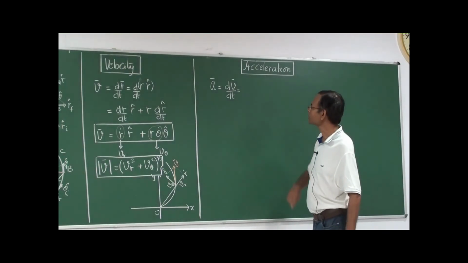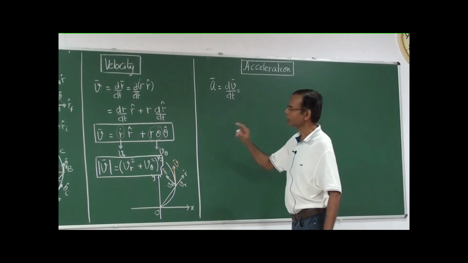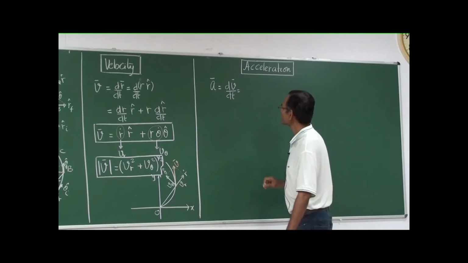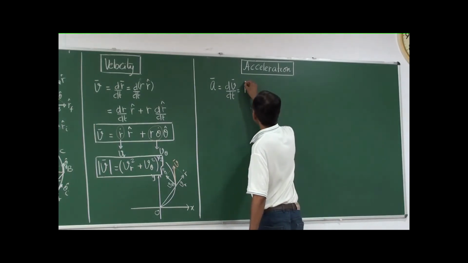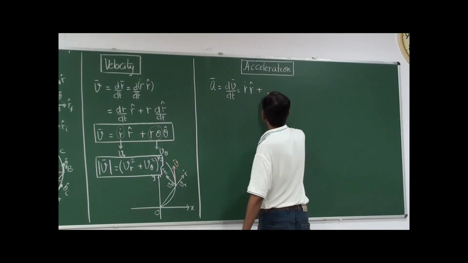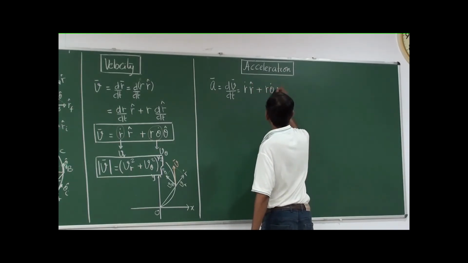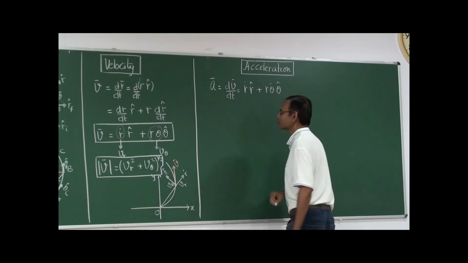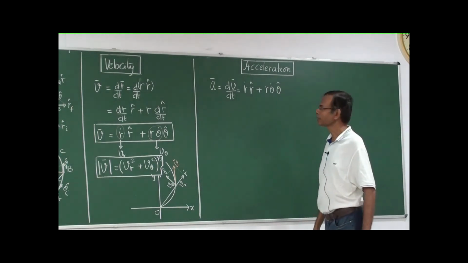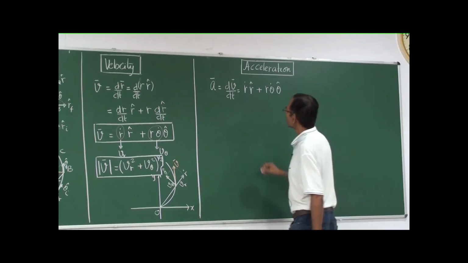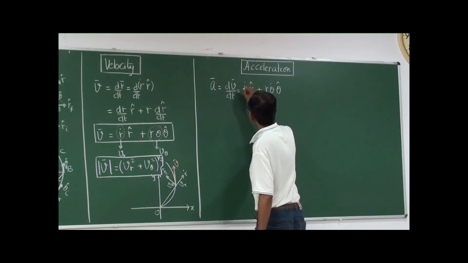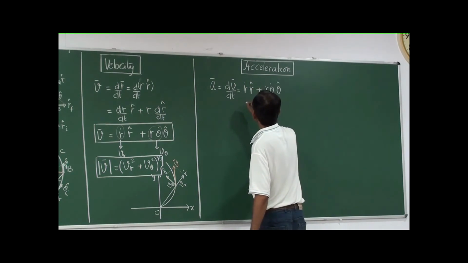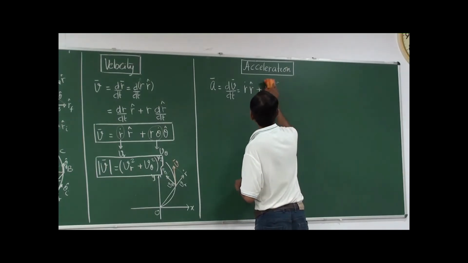Now we will write the expression of v in polar coordinates, that is r dot r cap plus r theta dot theta cap. Now, the d dt of this.